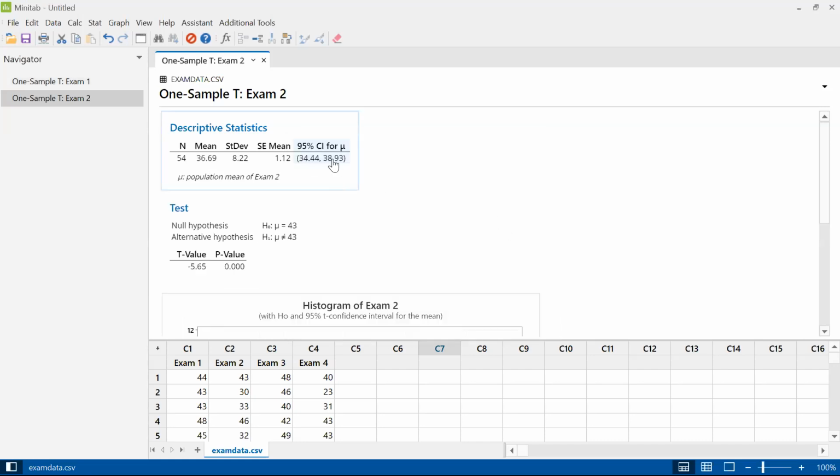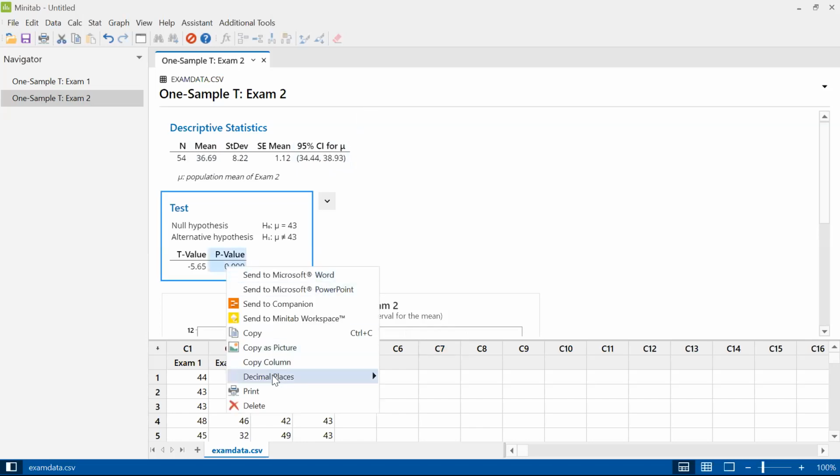All right, our confidence interval for exam 2 is in the upper 30s, and it was in the lower 40s for exam 1. So the mean on this one was a lot lower. We went from a 43 down to like a 37. And even when you take into account the confidence interval, it's in the 30s instead of the 40s. So it looks like our p-value is really small.